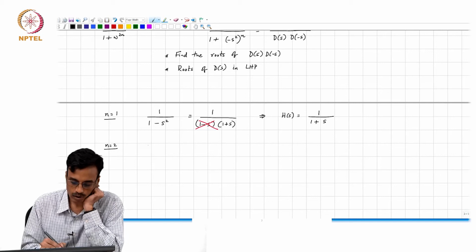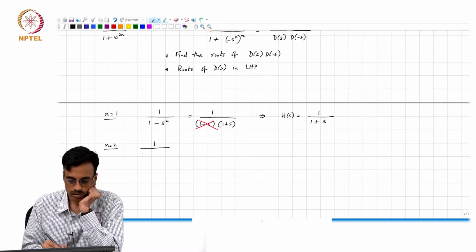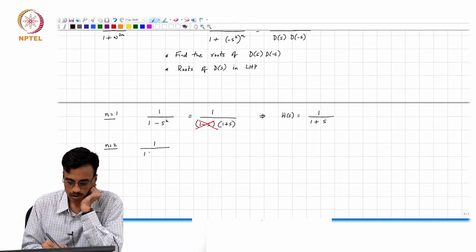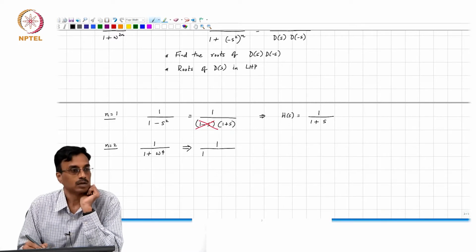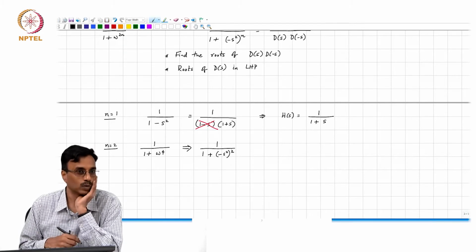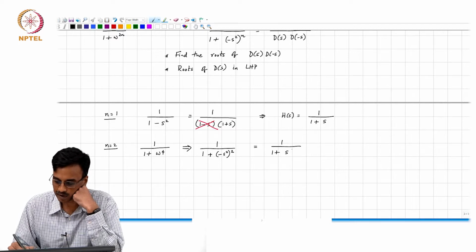So, let us come to something which is a little more interesting. N equal to 2, mod h of j omega square is 1 by 1 plus omega raised to the power 4, and therefore, when we replace from here, we get 1 by 1 plus minus s square whole square, which is basically 1 by 1 plus s power 4.